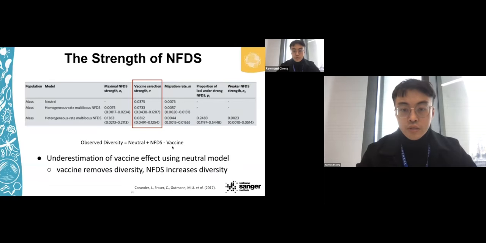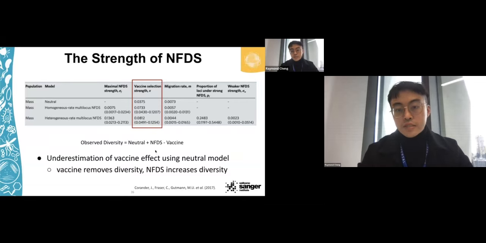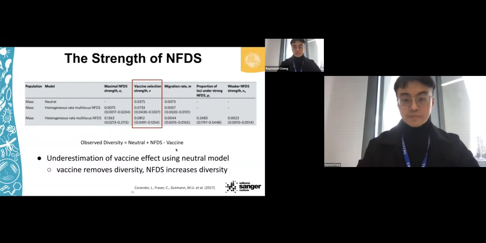So if we ignore the NFDS effect, we will underestimate the vaccine effect, given the observed diversity. But when we consider the NFDS effect, the genuine vaccine effect will be estimated.